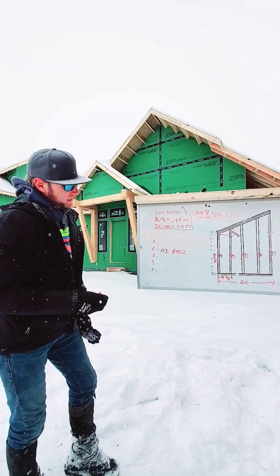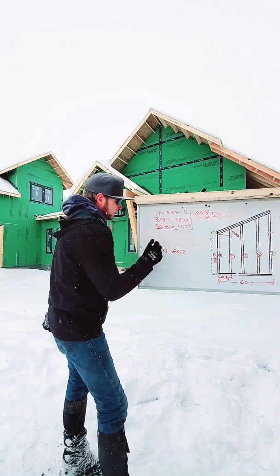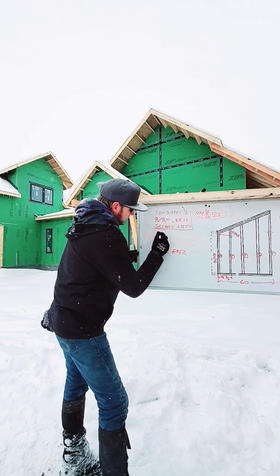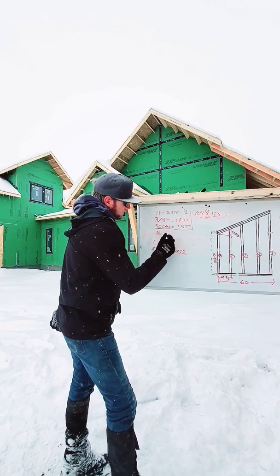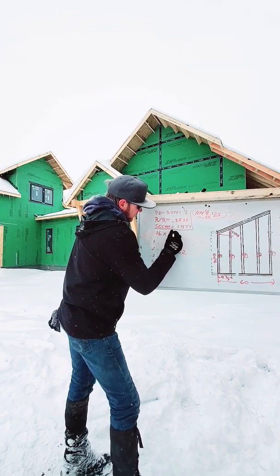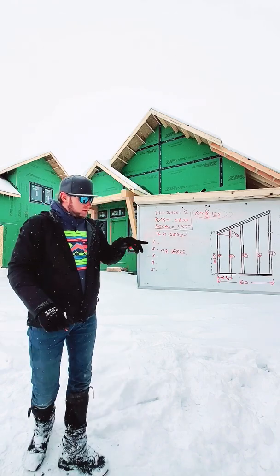So to calculate the step, the amount that each stud grows when it's exactly 16 inches from each other, you take 16, that's your run, times the rise-run ratio, 0.5833 equals.